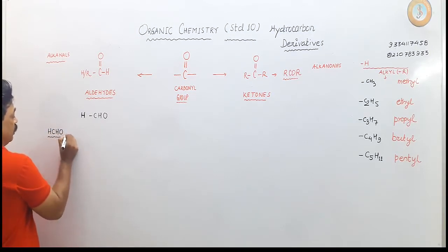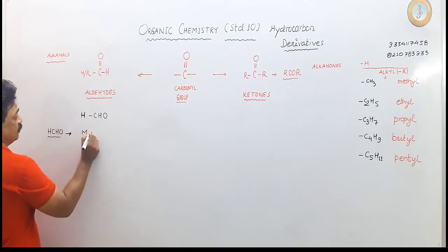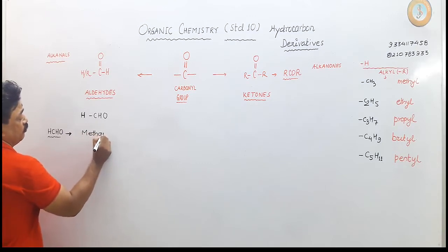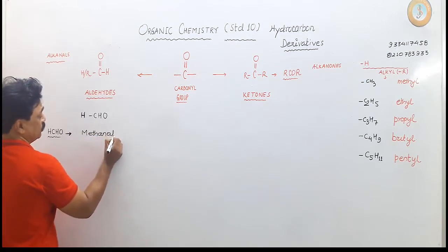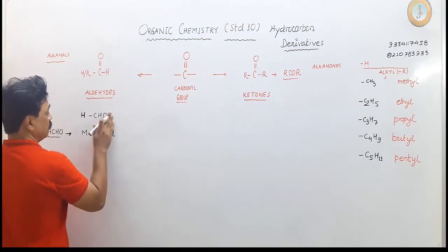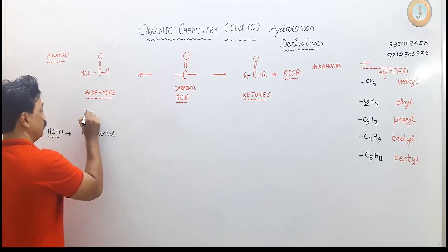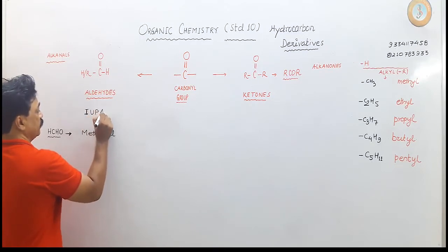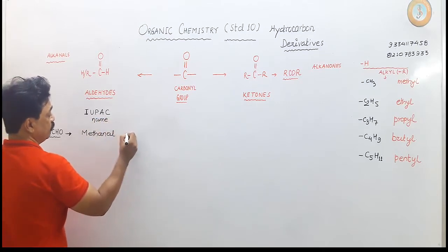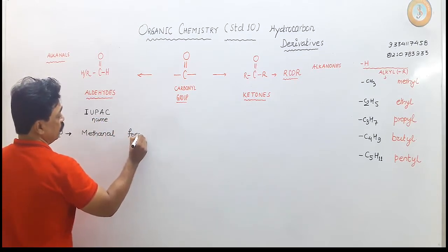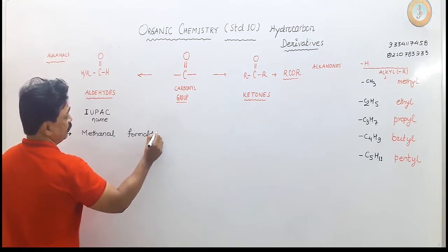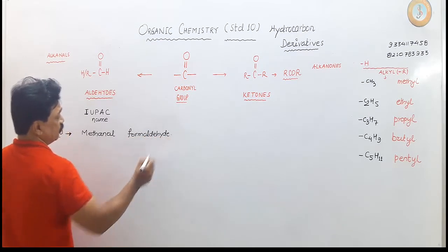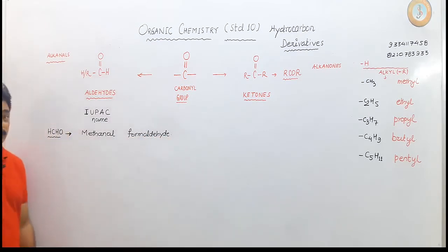So I start from here, and it is called methane. As I said, you retain the name, remove E and add Al. So it is methanal, and this is the IUPAC name. The trivial name will be formaldehyde.